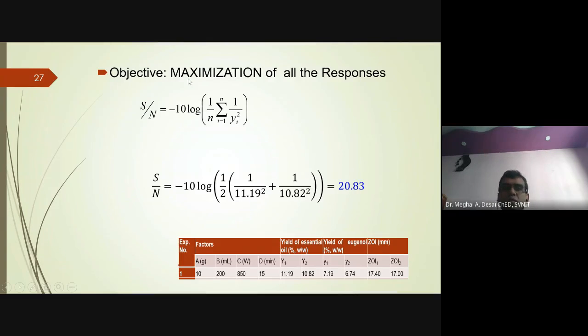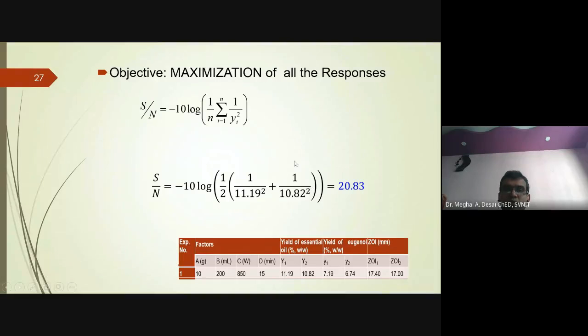So the objective is the maximization of all the responses. This is the equation. For the first experiment, if you see, the values are there for yield of essential oil, 1 by 2 in this equation. The reason is it is performed twice, so these two values are the yield of essential oil.